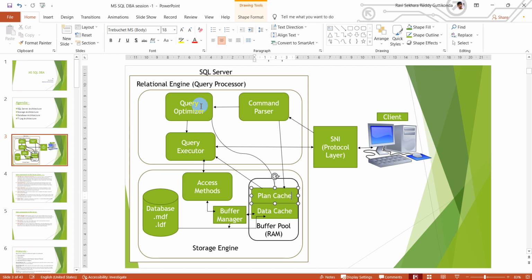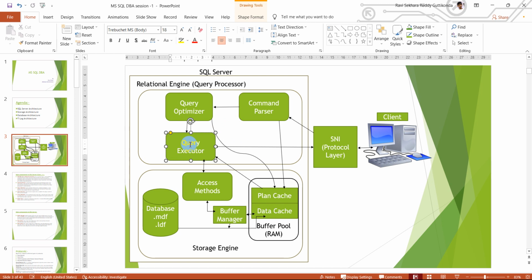In the same way, the query optimizer will prepare multiple execution plans, but SQL Server will select the best one based on response time. Once the execution plan is selected, it will keep a copy in the plan cache for future purposes, and the same execution plan will be sent to the query executor.